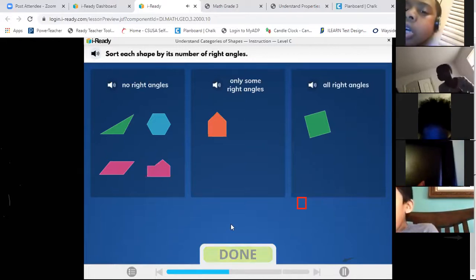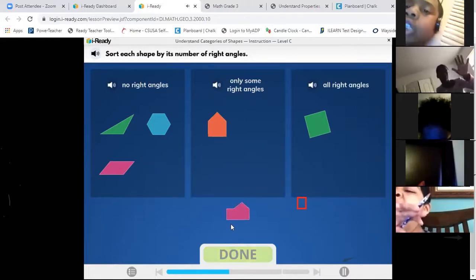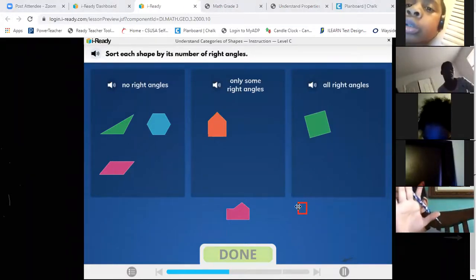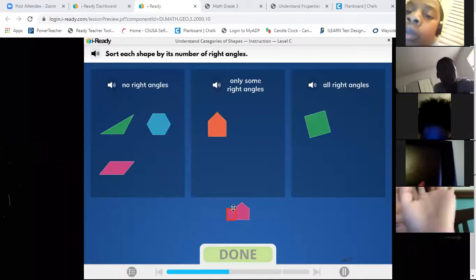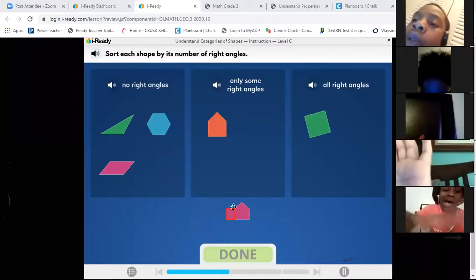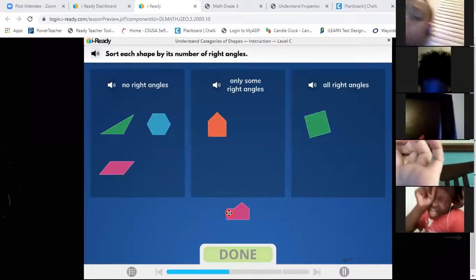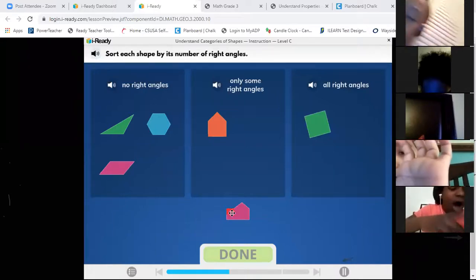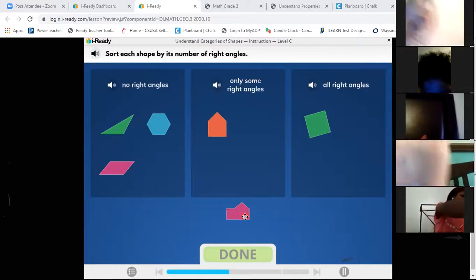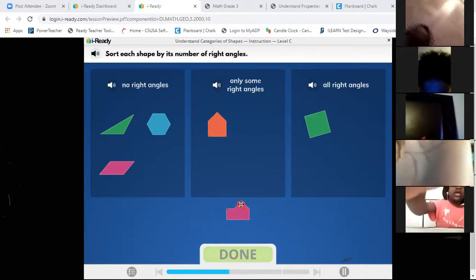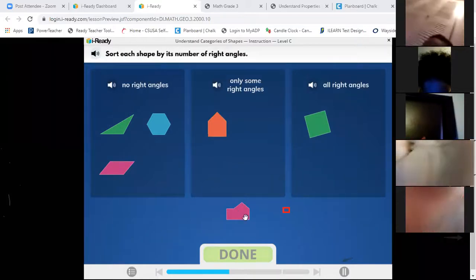Not that one. So how many of those angles would this square fit perfectly into? There's one. There's three, two, three. Okay, only some right angles. There you go.